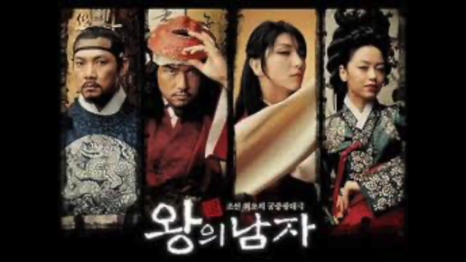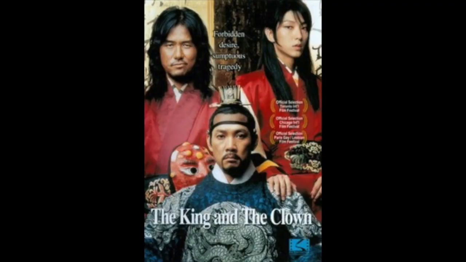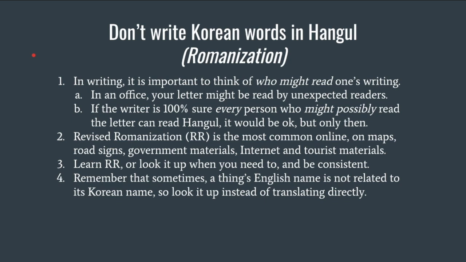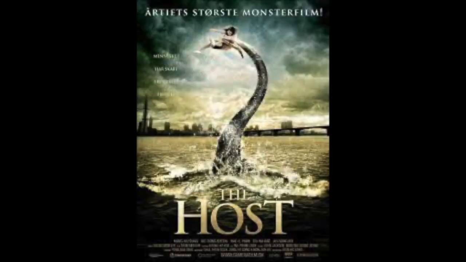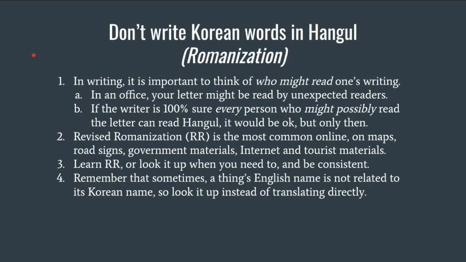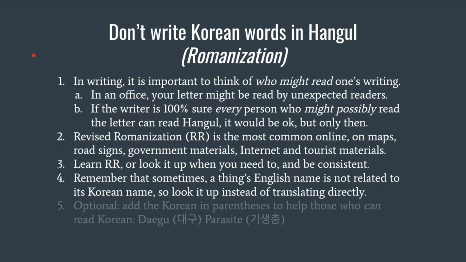There are some quite famous Korean films and books where the English translated title is not a direct translation. Gwoemul, the movie about the monster, was translated as The Host in its English title also. So there's lots of cases like this. You have to be very careful. So look it up when you're not sure. Don't just run it through a translating program.